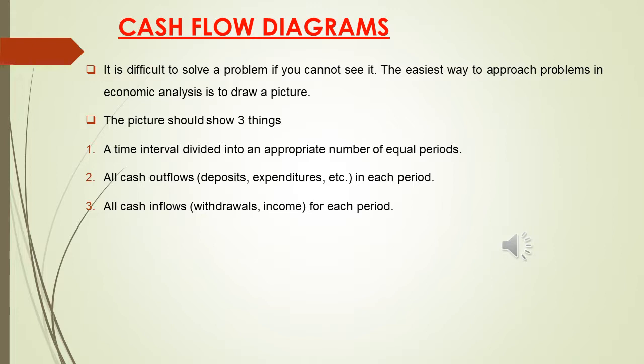Draw a picture. This cash flow diagram has three things. One is a time interval divided into an appropriate number of equal periods.